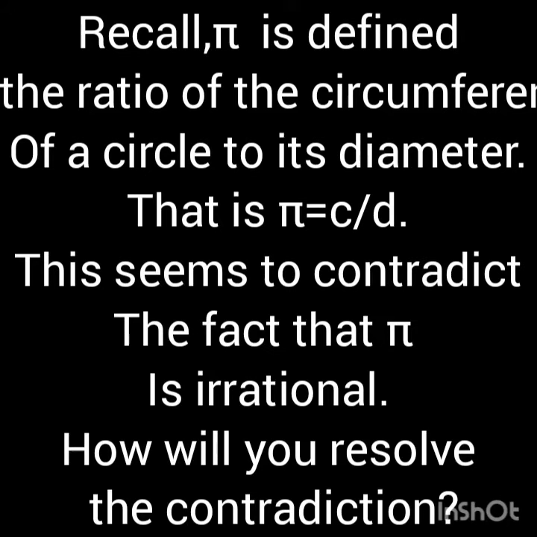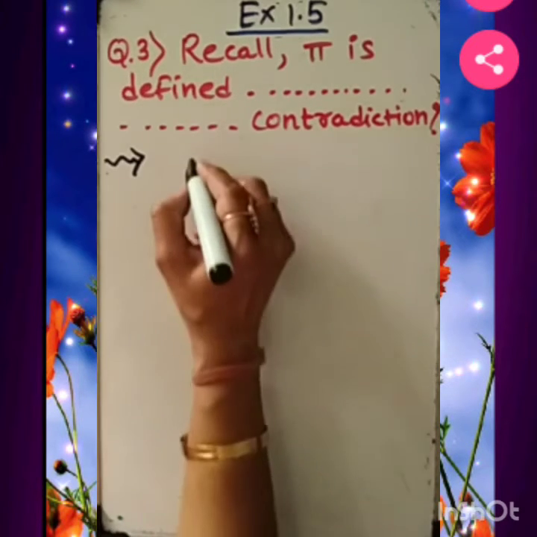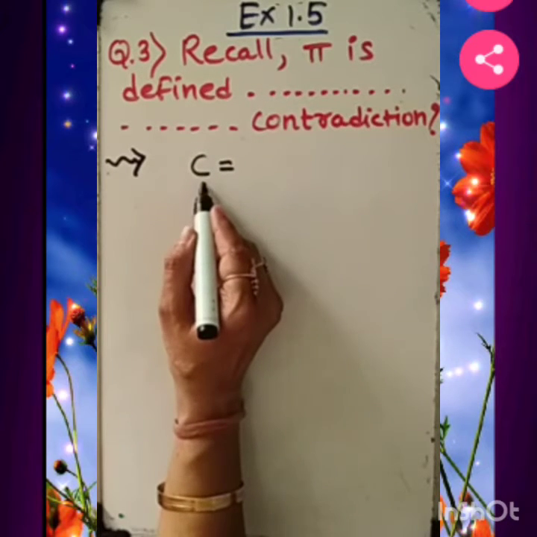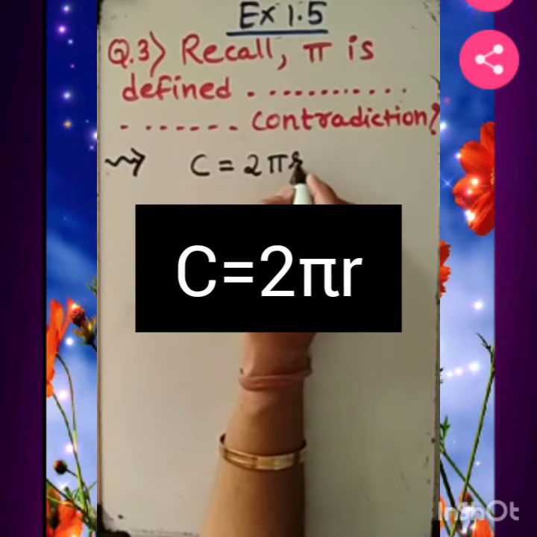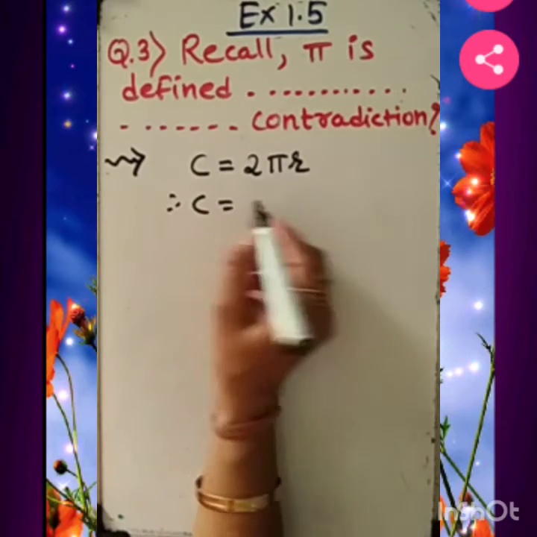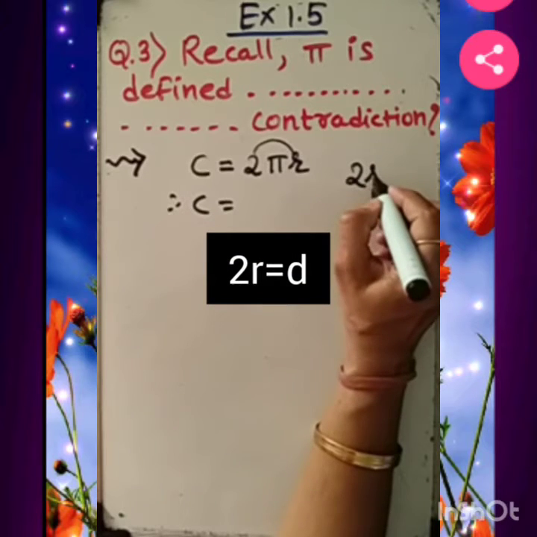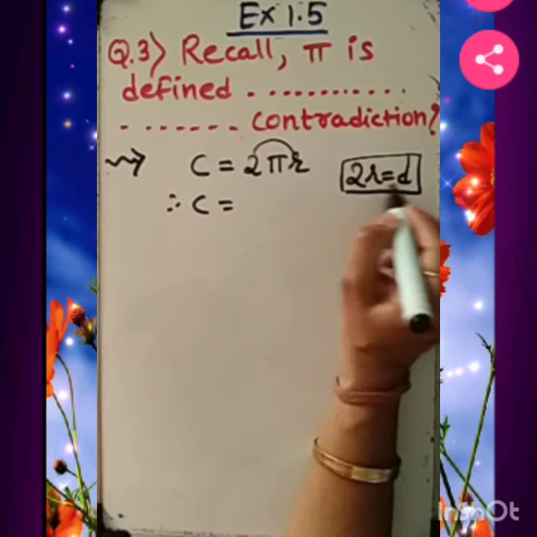Okay. Some of the students may have a good idea about the value of the circumference. We have studied that the circumference of a circle is defined by C, and generally we use 2 pi r. Another way we can write it: because 2 into r is already d, 2r equal to d.